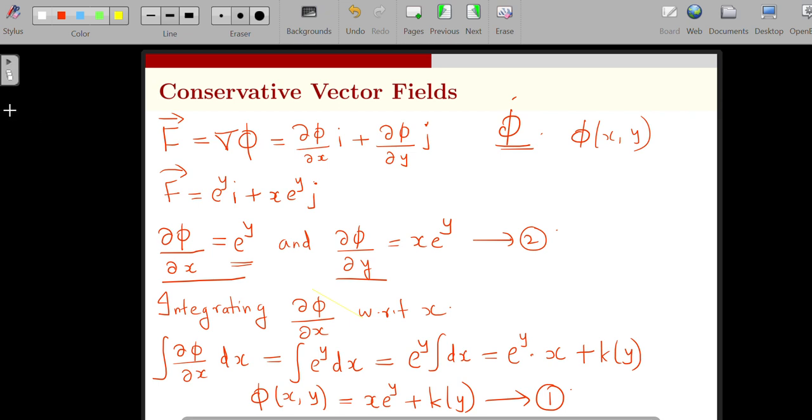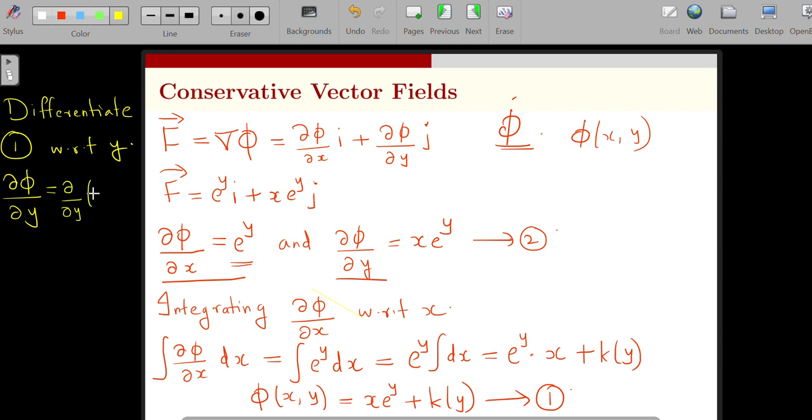So for that you just differentiate equation number 1 with respect to y. If you differentiate equation number 1 with respect to y, the output is ∂phi/∂y, the derivative of phi with respect to y. That is equal to ∂/∂y of x e^y plus ∂/∂y of k of y.